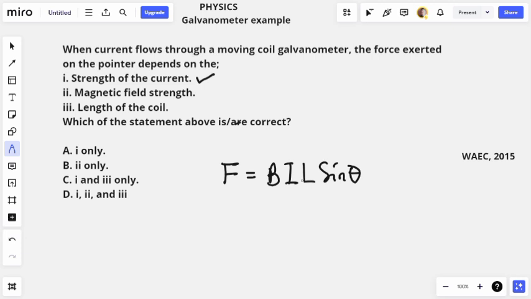Magnetic field strength, which is B here, is also true. Length of the coil, L, is also true. So the three statements are true. So what will be our option here? Option D, I, II and III. Thank you.